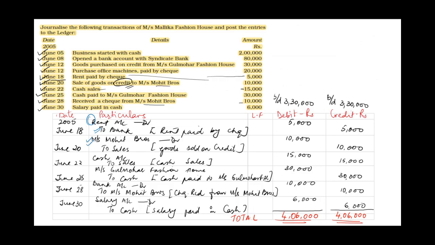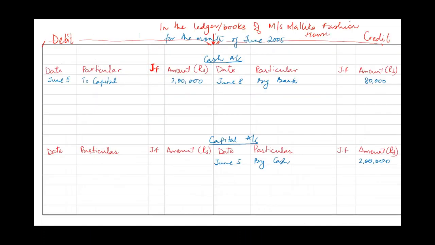Cash account debit to sales. Now I have sold on cash, so two accounts are getting affected on June 22nd, 15,000, the cash account and the sales account. So I go to my cash account, money comes in, so I'll say, on what date? I think it is June 22nd. Yeah, June 22nd to sales.